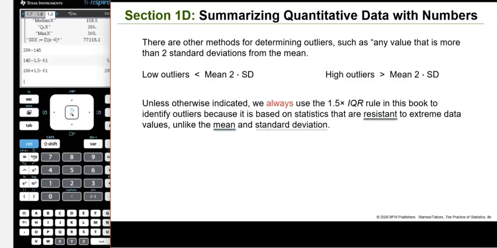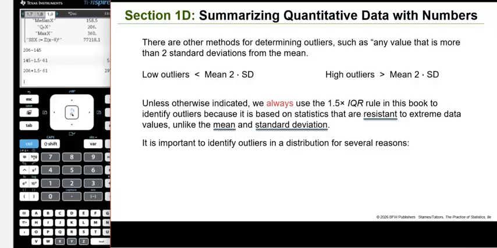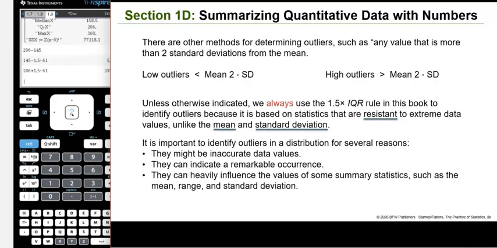The mean and standard deviation are not resistant, right? Important to identify outliers. Why do we identify outliers? Actually, there are some pretty good reasons for that. They might be inaccurate data values. Sometimes an outlier is just a mistake, like they wrote down one extra digit or one less digit, and that could be a way of finding possible mistakes.